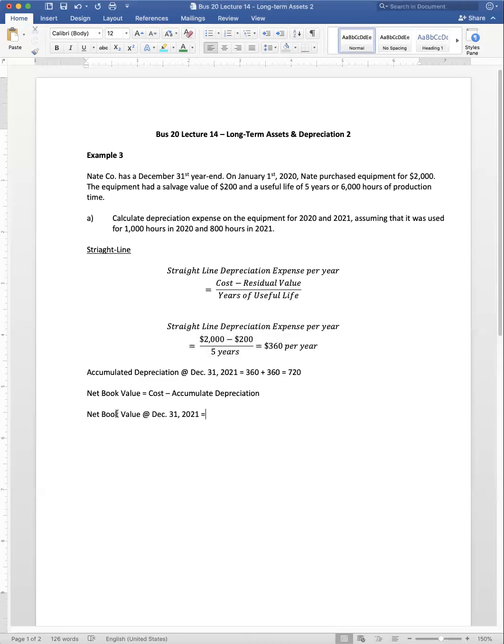So in order to calculate the net book value at December 31st, 2021, I'd have to take the cost, which we know is $2,000, and subtract the accumulated depreciation, which we know is $720. So then I would calculate that as $2,000 minus $720, which is $1,280.